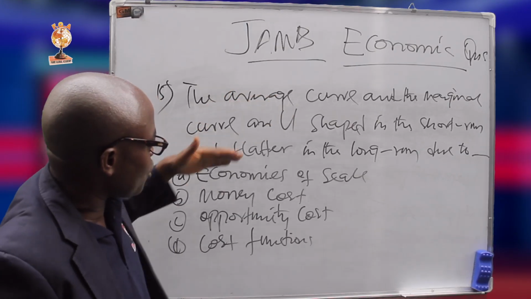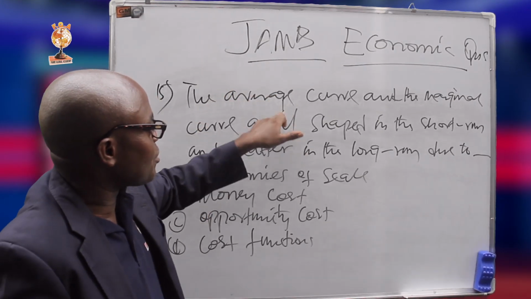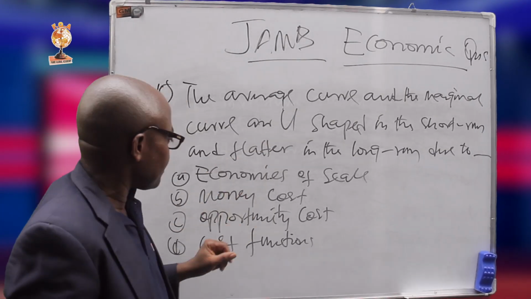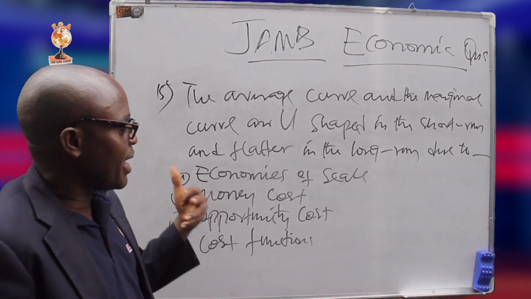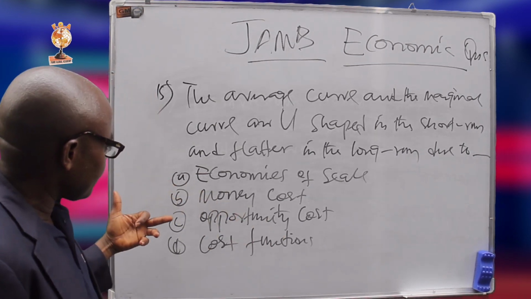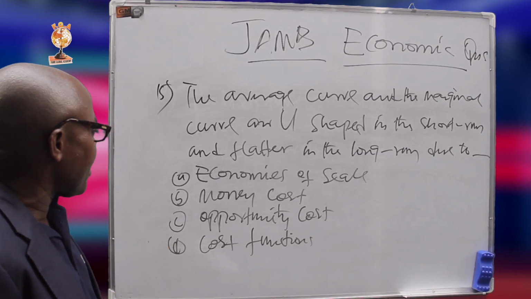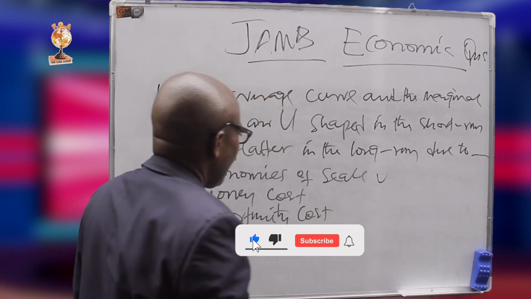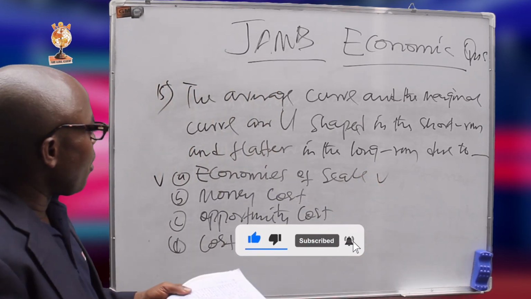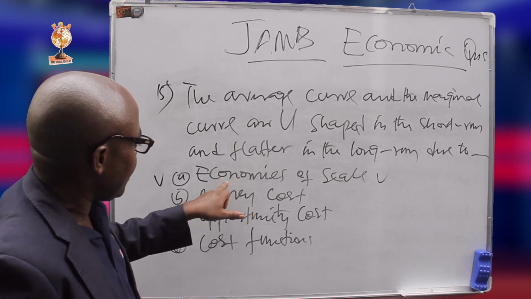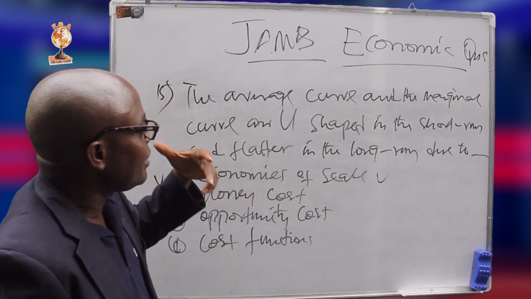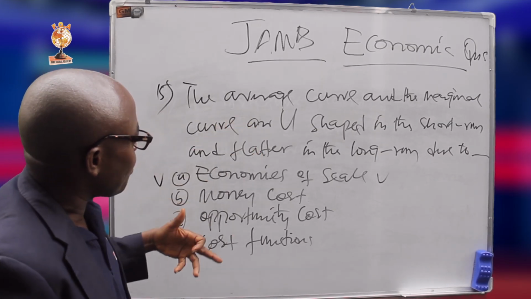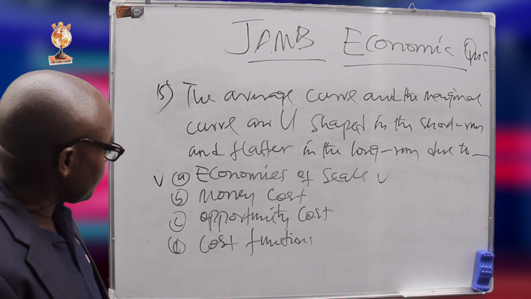The demand and the supply is centered on one particular item here. Now, economies of scale. Here we'll pick A as our answer, economies of scale. And why we pick economies of scale is that this one centers on demand and supply. If there is no demand and supply, you won't have this U shape.